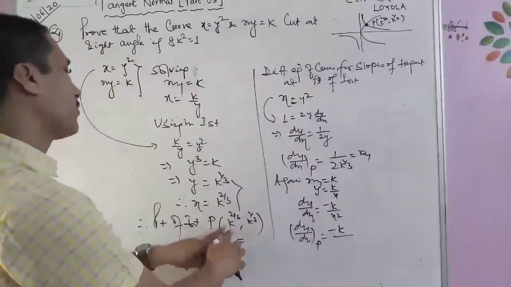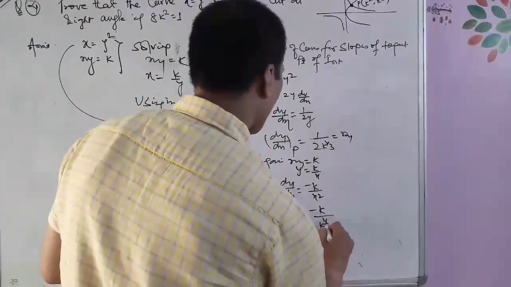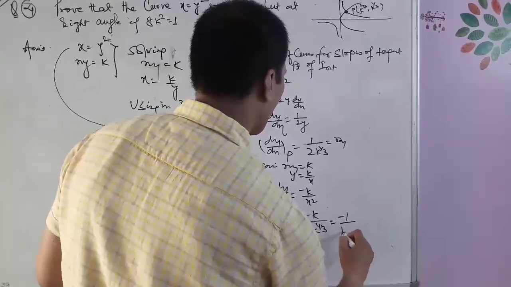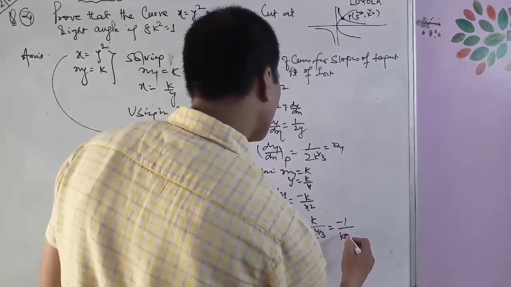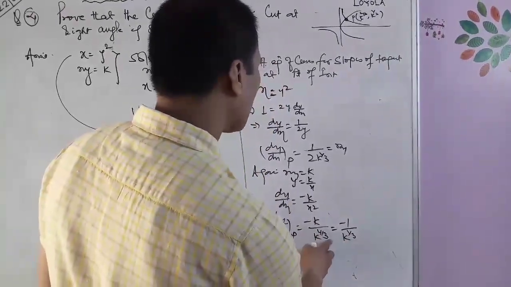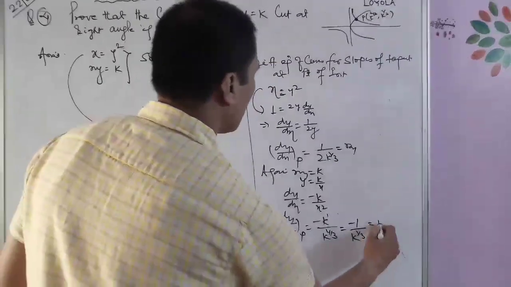Here x coordinate of point P is k to the power 2 by 3. So k to the power 4 by 3, that is minus 1 upon k to the power 1 by 3. This is M2.